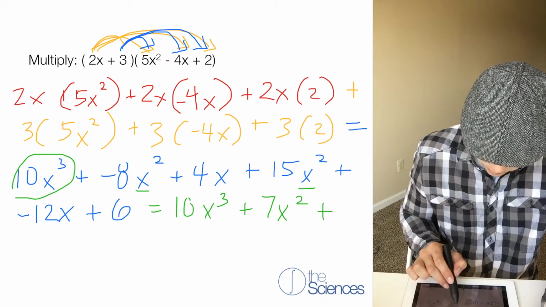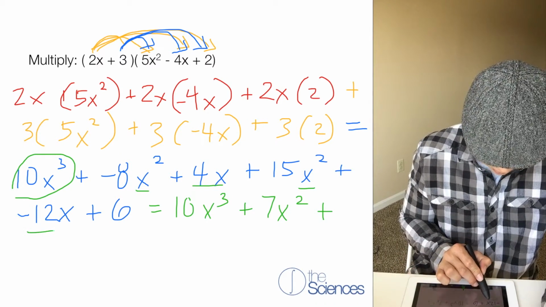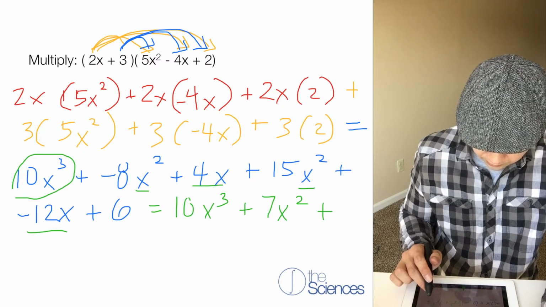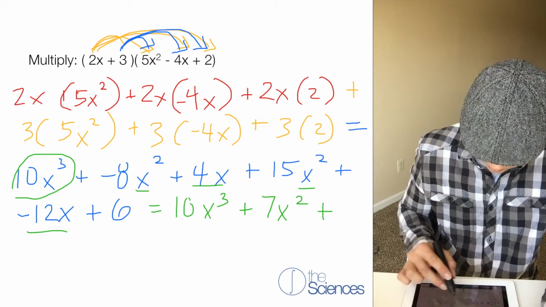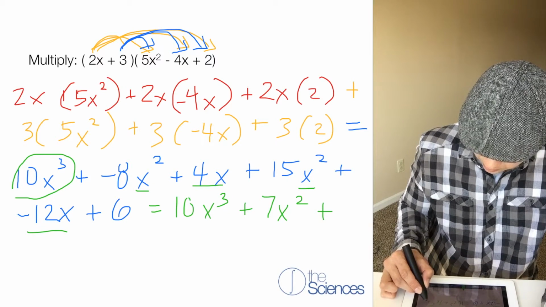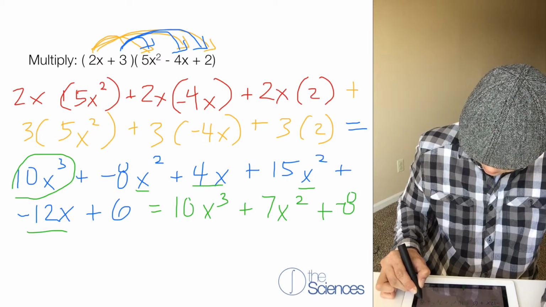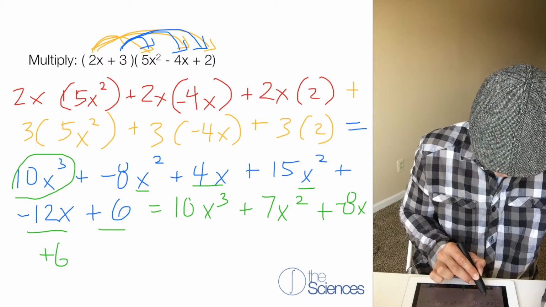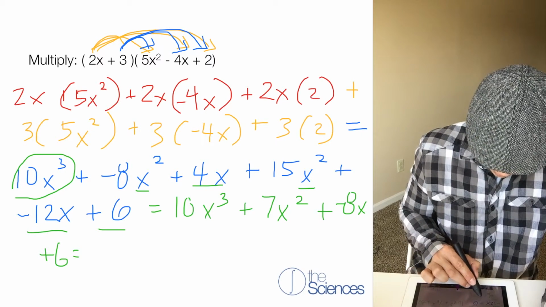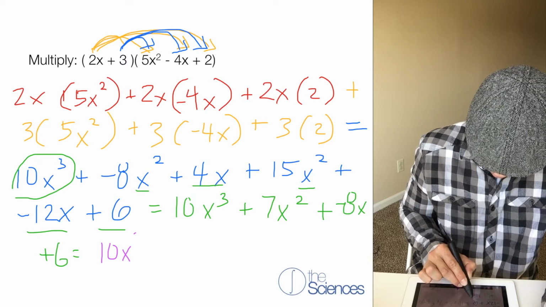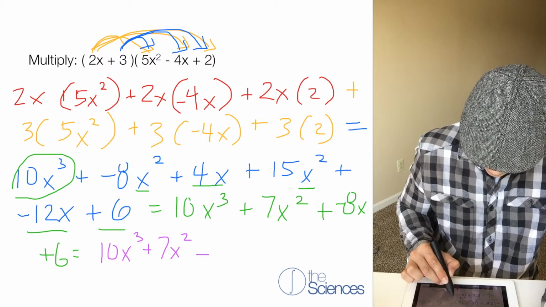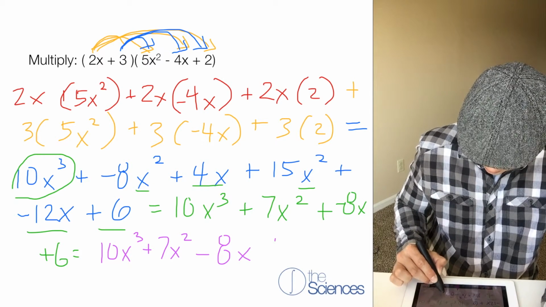Plus here we have 4x and negative 12x. So that gives us negative 8x. And then we just have 6. So we can simplify that as 10x cubed plus 7x squared minus 8x plus 6.